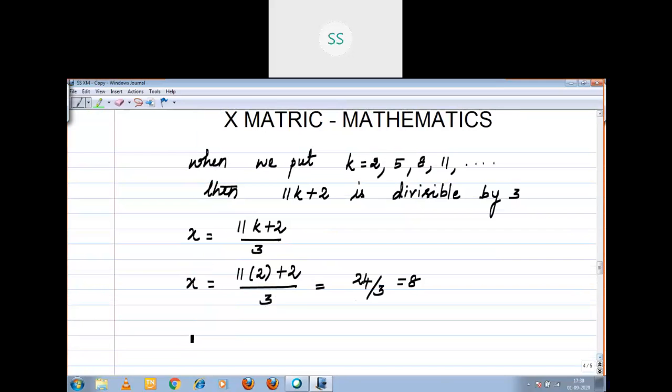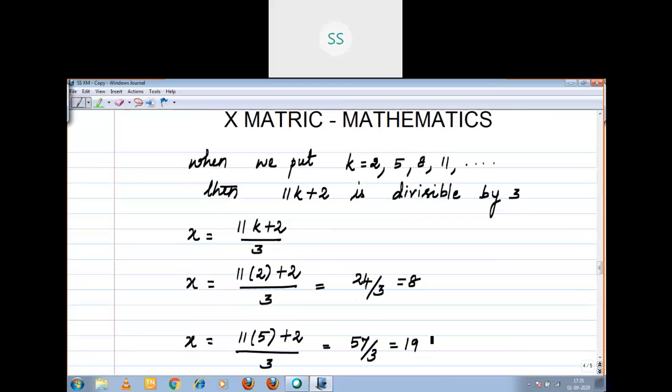Next, x is equal to (11 into 5 plus 2) divided by 3, 57 divided by 3, which is equal to 19.